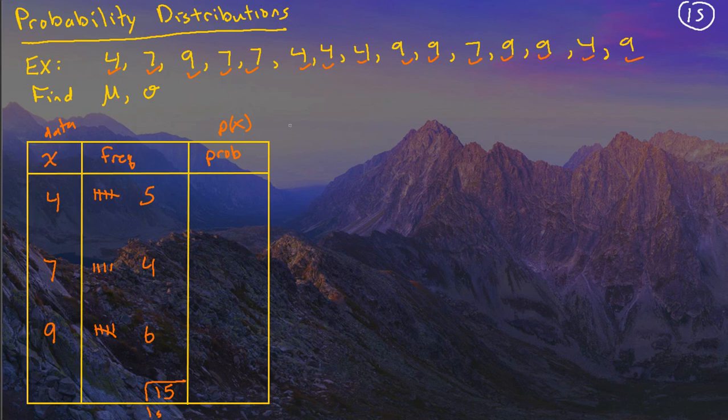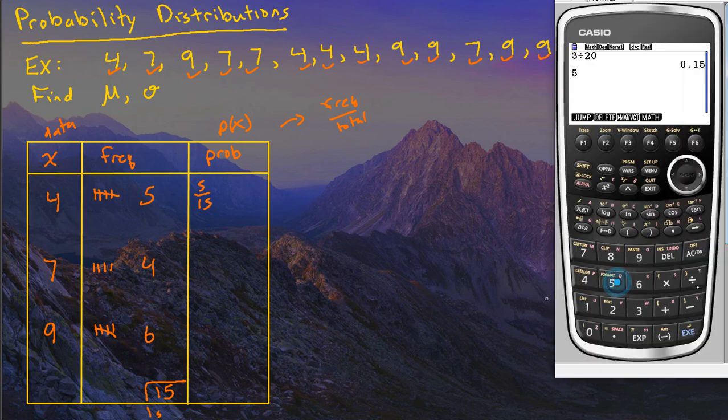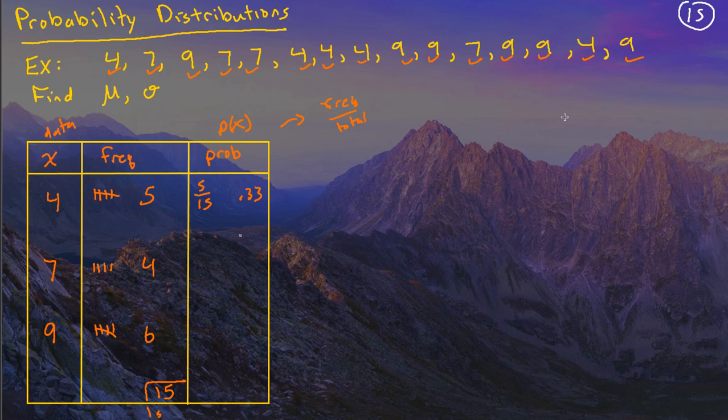So to find the probability, that is going to be the frequency divided by our total. Our frequency here would be 5 divided by 15. Now, if we got something repeating, which we do, we might choose to leave that as a fraction just for accuracy purposes. So I'll write here that that's 1/3.